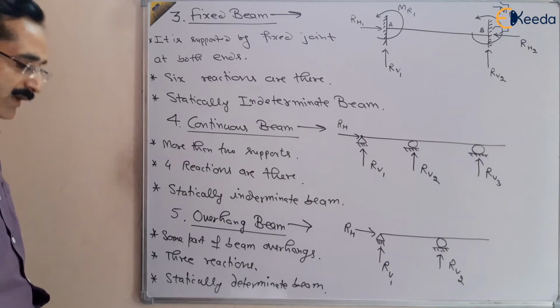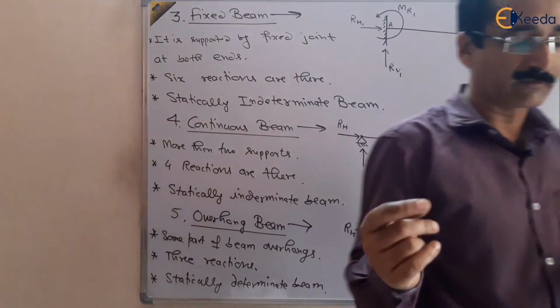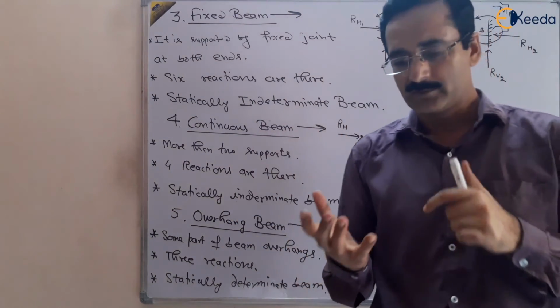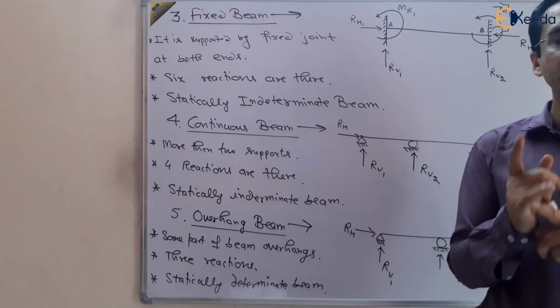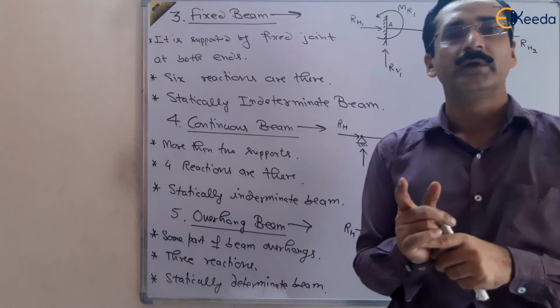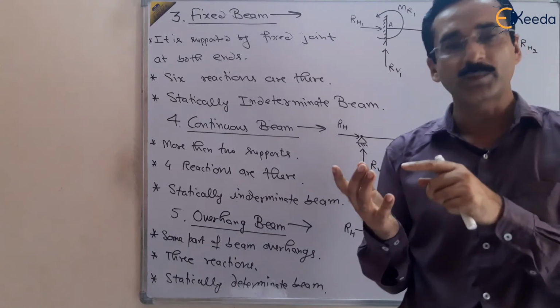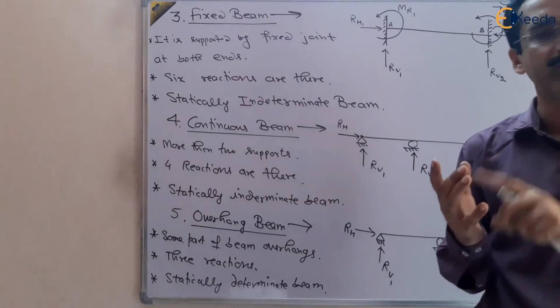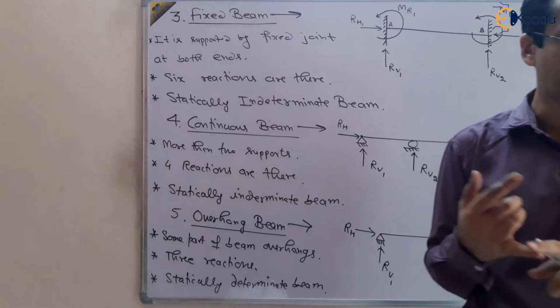So what types of beams are there? If we summarize this topic, one is the statically determinate beam, in which the reactions or unknowns can be found using the static equilibrium conditions, right? Sigma Fx equal to 0, sigma Fy equal to 0, and the resisting moment equal to 0, right?